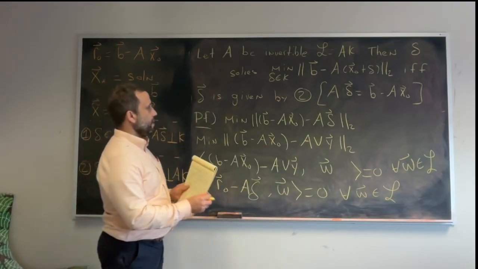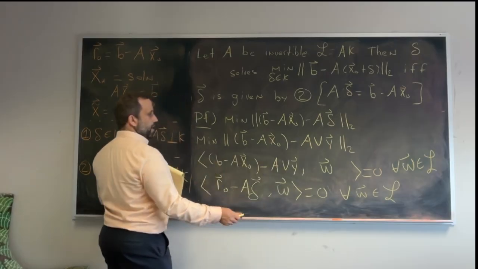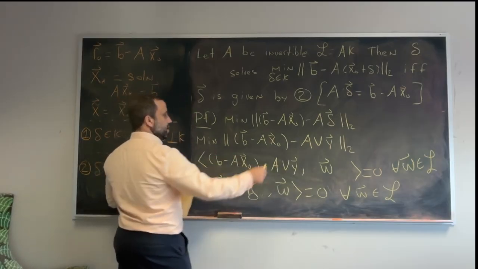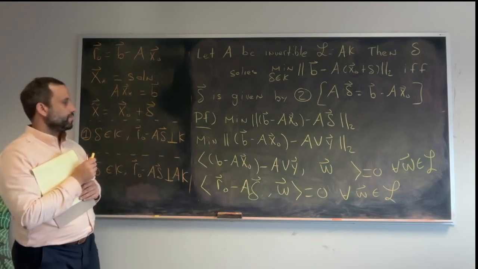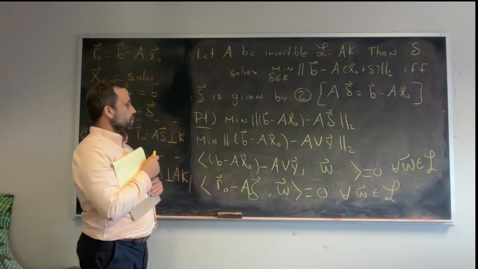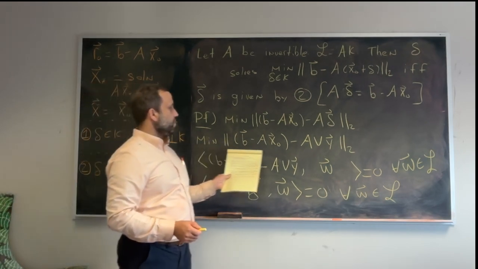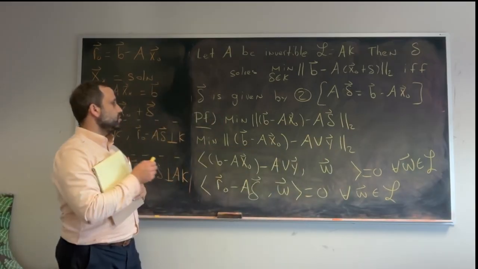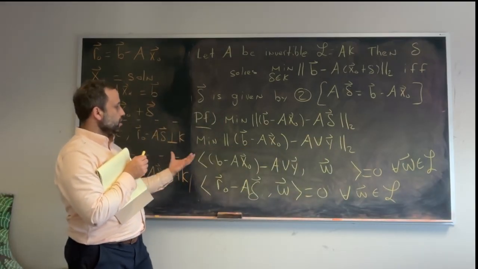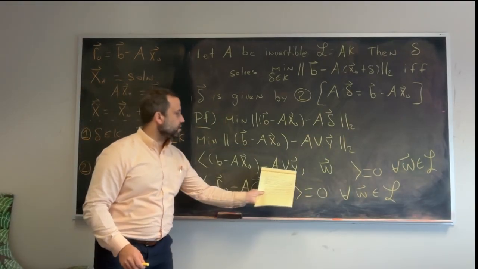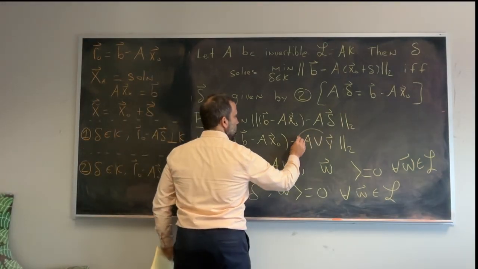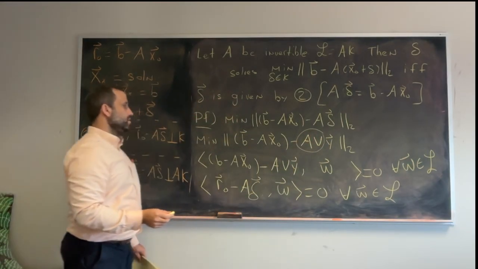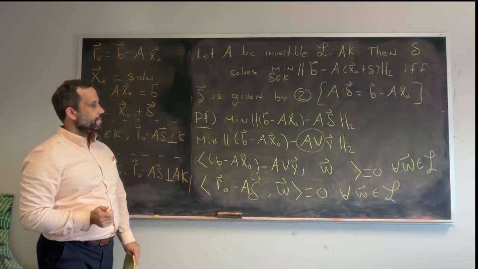But now we can think about this as solving the equation AVY is equal to B minus AX naught. Okay, and we saw before that the minimization solution to this is going to be the one such that this vector right here is orthogonal to the column space of that matrix, A times V.